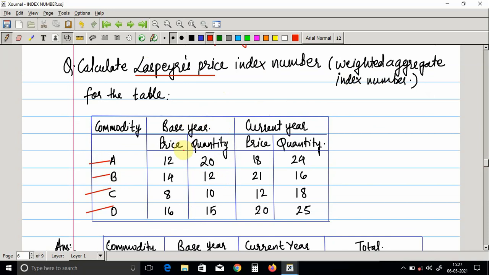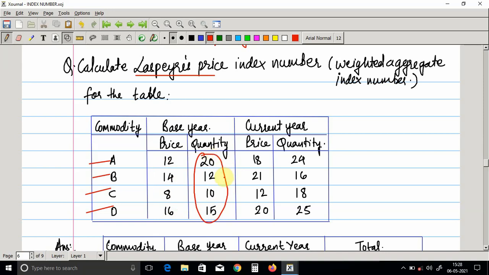The price in the previous year was 12, 14, 8 rupees, 16 rupees, like that. And at these rates, how much quantity you had purchased is 20 units or 20 kgs, whatever the units may be. So at 12 rupees you are purchasing 20, then 12, 8, 10 and 15.